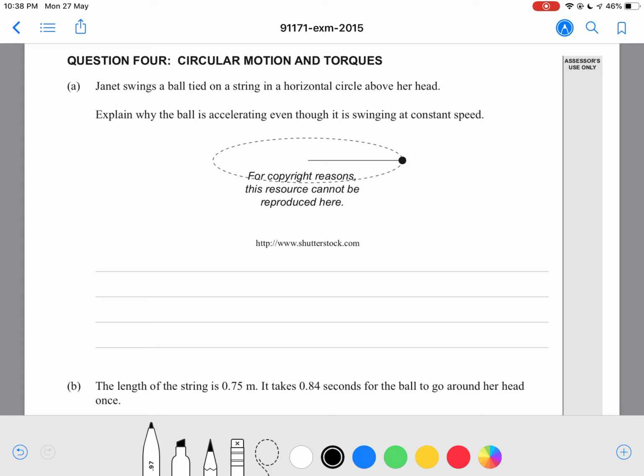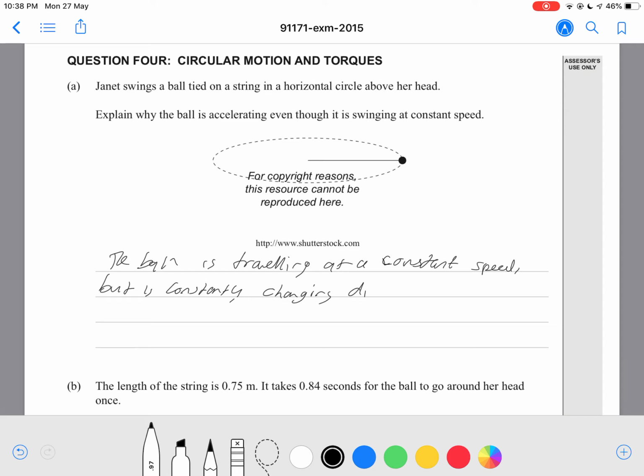So we're gonna say the ball's traveling at a constant speed, but it's constantly changing direction, okay?